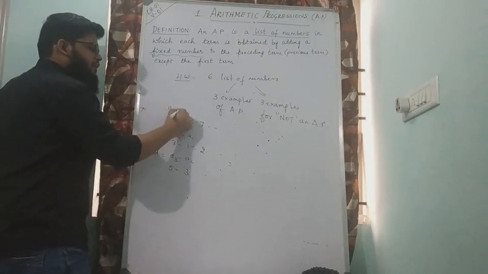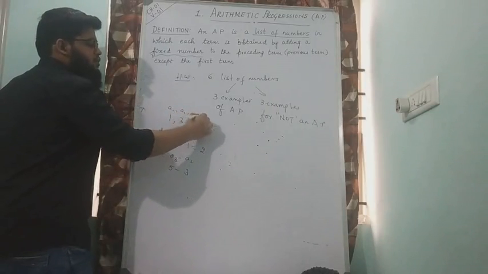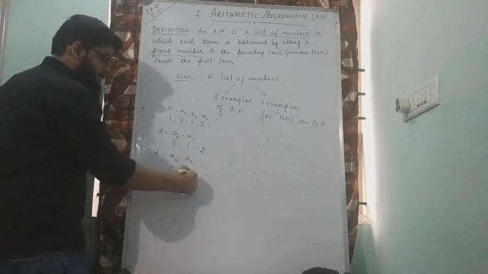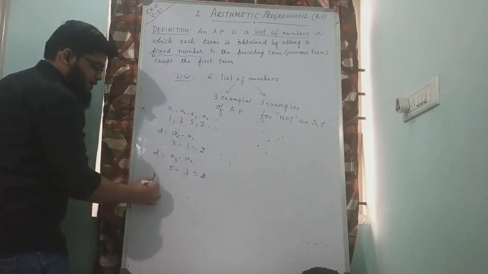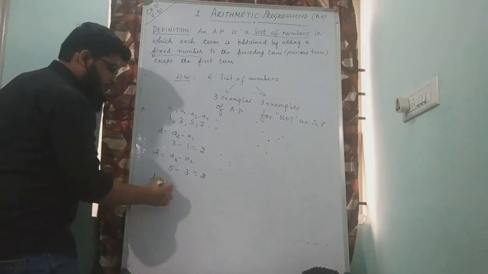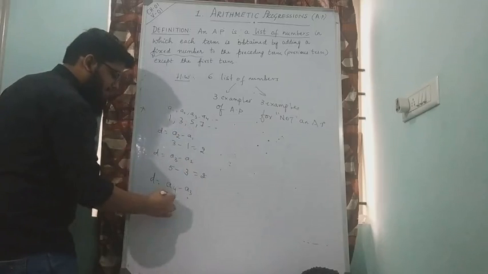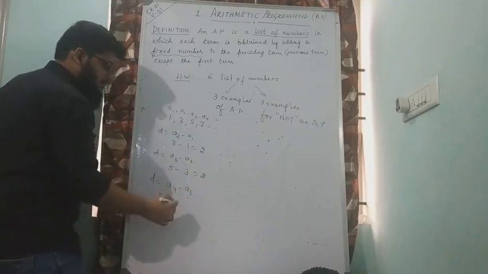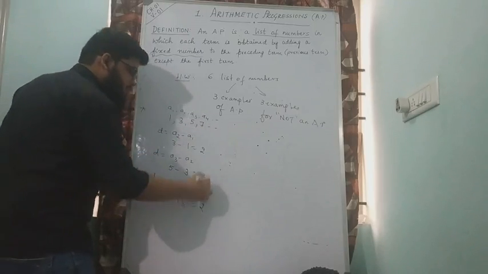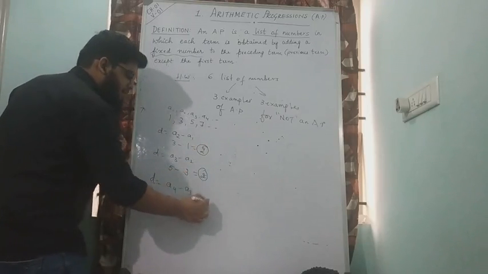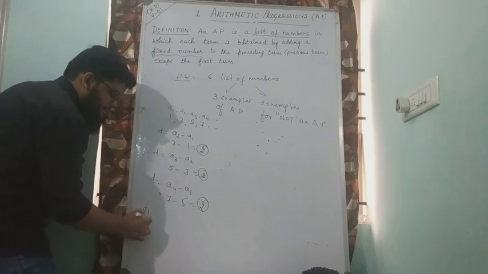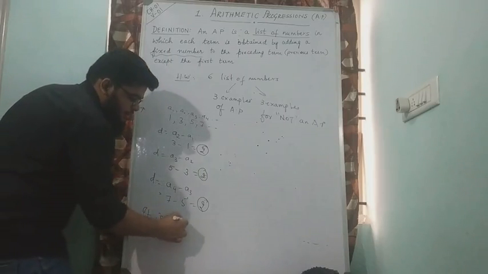To understand better, you can also mention it above here so that you don't get confused. 5 minus 3 is 2. And the third difference can be found by using A4 minus A3. A4 is 7 minus the third term, 5. 7 minus 5 is 2. Since the common difference is the same every time, therefore it is an AP.